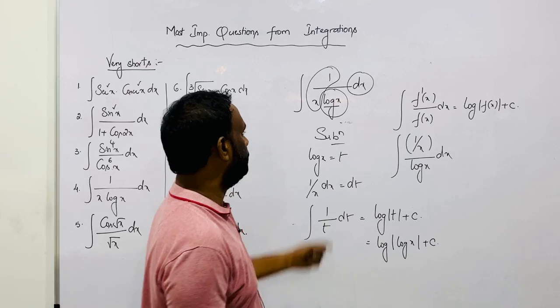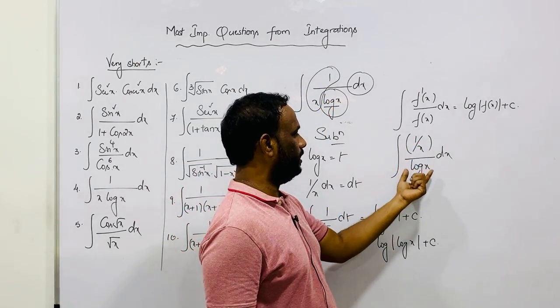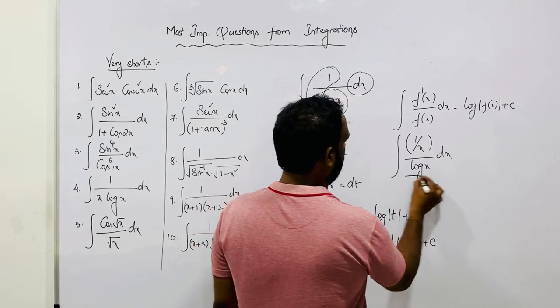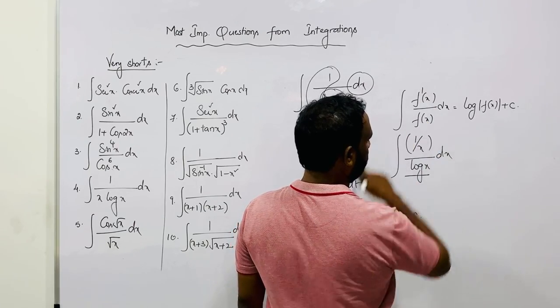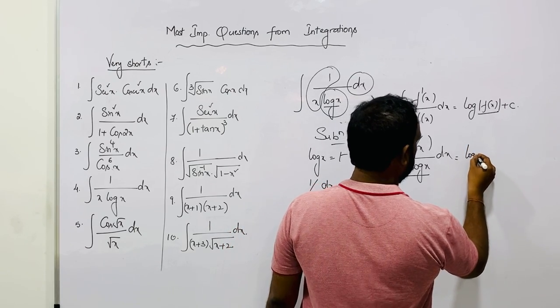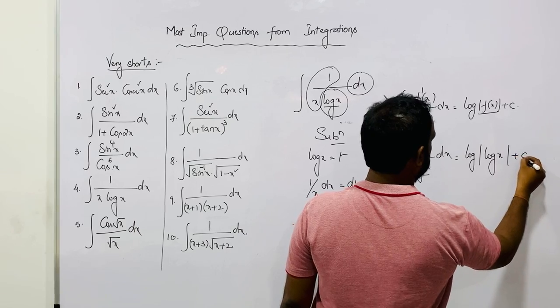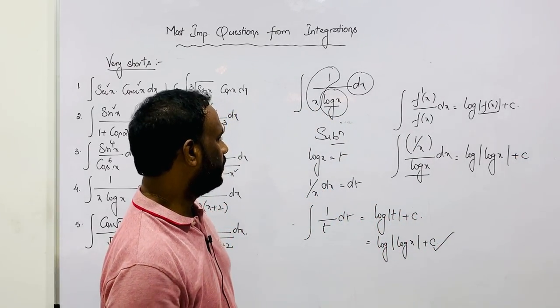I have written 1 by x log x as 1 by x in the numerator and log x as a separate quantity. Then if you take log x as f of x, its differential will be f dash x. So by applying the formula, you get log of log x plus the constant of integration. So you get the same solution.